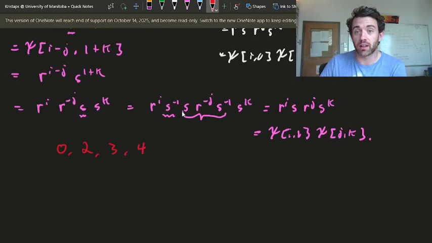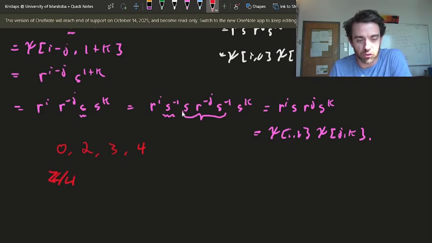So I guess the takeaway, interestingly, is that Z mod 4 actually is not a semi-direct product. So not every group can be written as a semi-direct product. There's something else going on there.